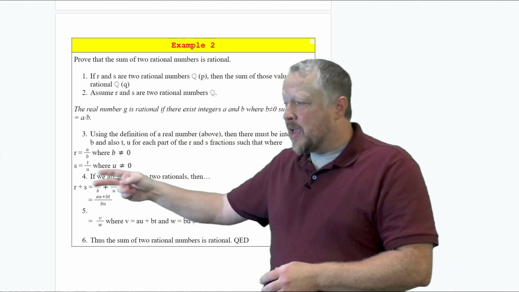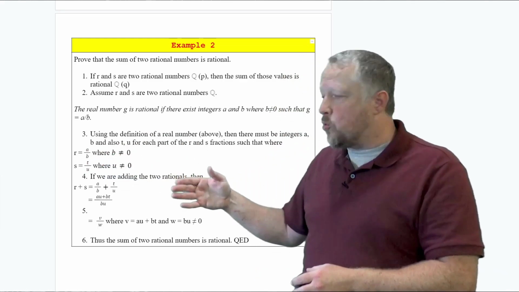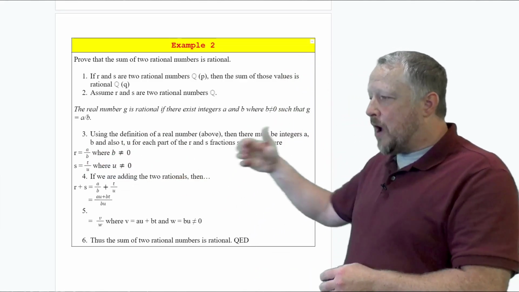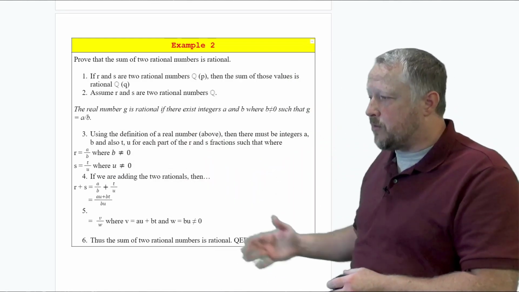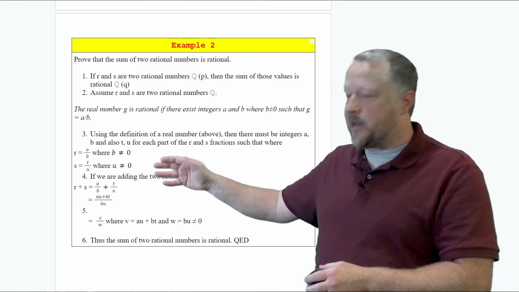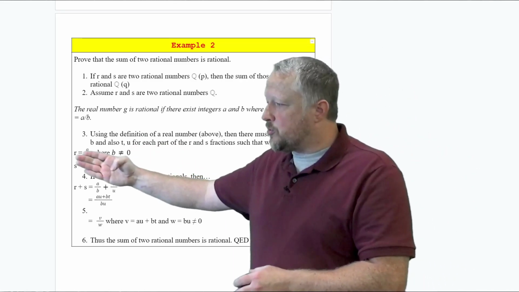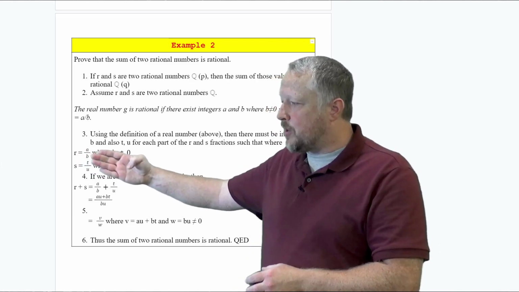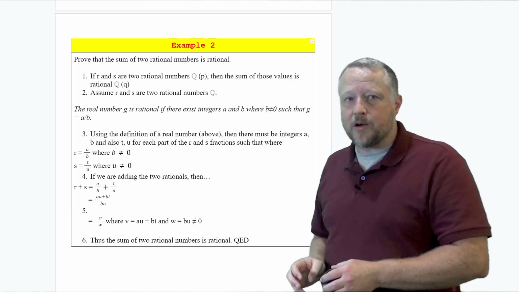I set them up. Both R and S are rational numbers, so they have to be broken down into what rational numbers are: an A divided by a B, where B is not equal to 0. That's exactly what I'm saying here. So again, I really didn't invent too much here. All I did was use the definition of what a rational number is to break it down into further parts, and again, denoting that B does not equal 0.